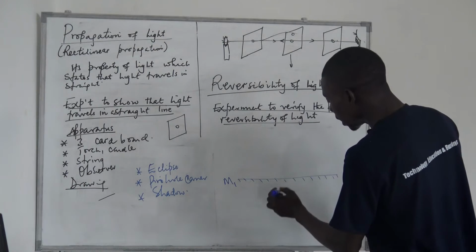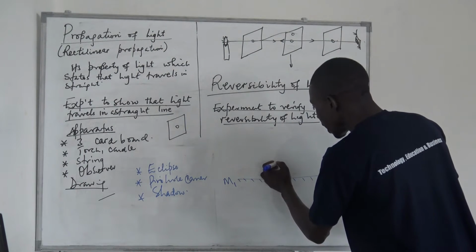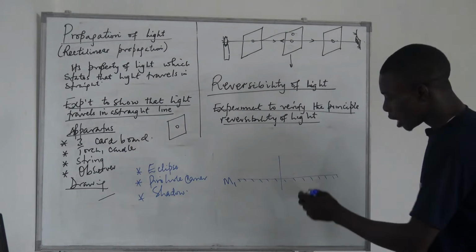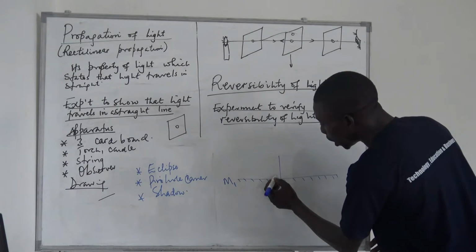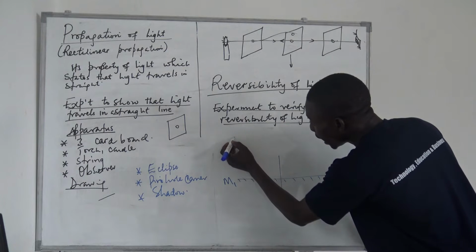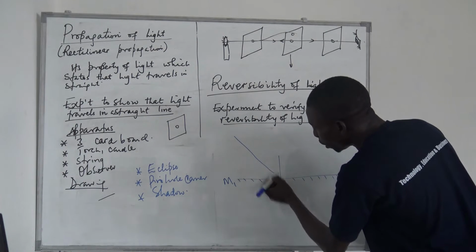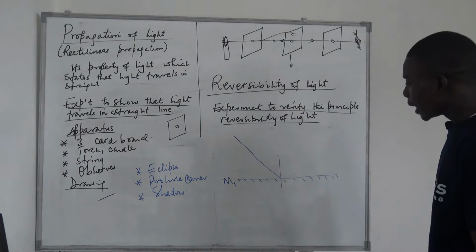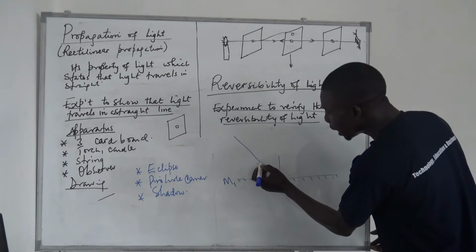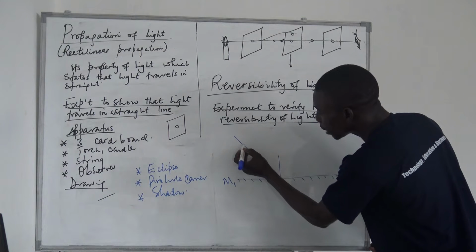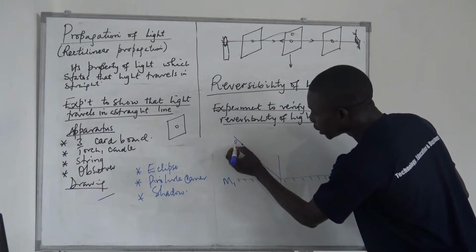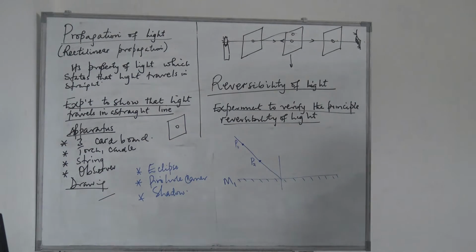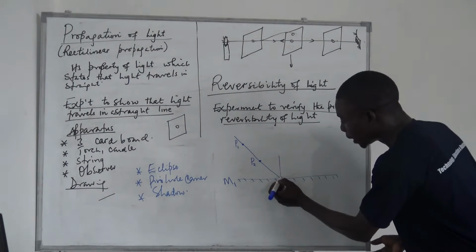And then on that mirror, I can draw a normal at that point. And then I can draw a line at some angle, maybe say there. Then I can put a pin here. I put another pin here. I call this P1, I call this P2. This is the normal at right angle.